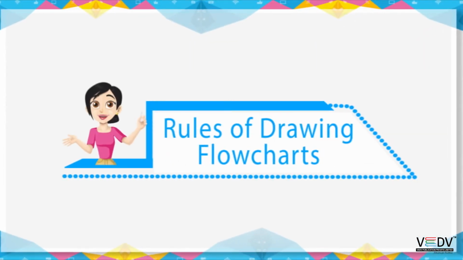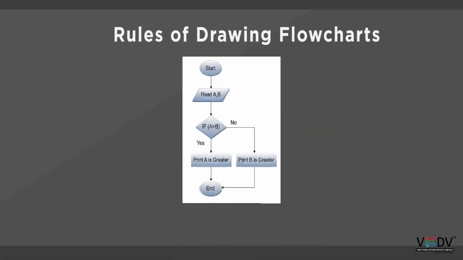Rules of drawing flowcharts. There are some basic shapes and boxes included in flowcharts that are used in the structure. Knowing how to use them while drawing flowcharts is important. Here are some rules that should be known.